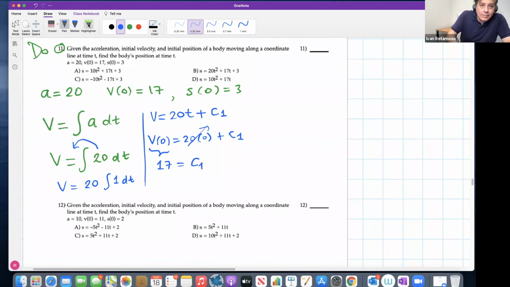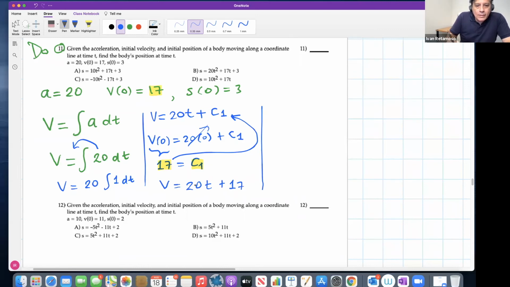So there you see the pattern, right? The first constant ends up being this. Very good. Now this should be substituted here right away as you find it, right? So then you completely determine your velocity function, 20t plus 17.